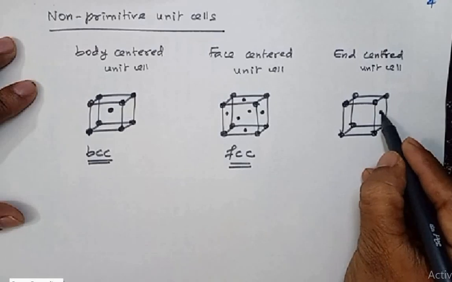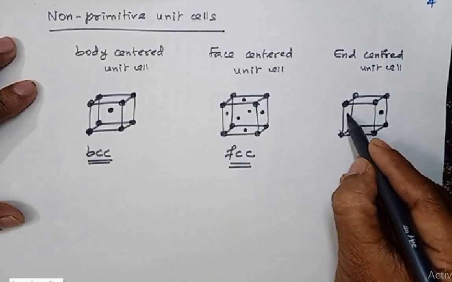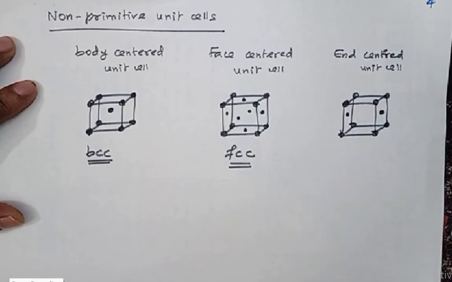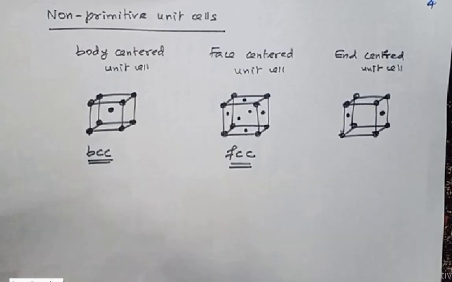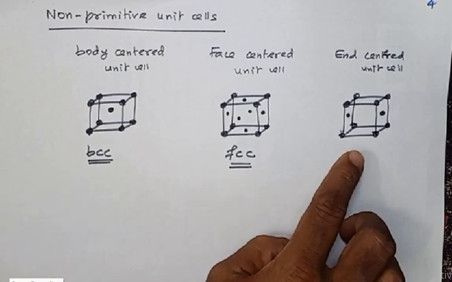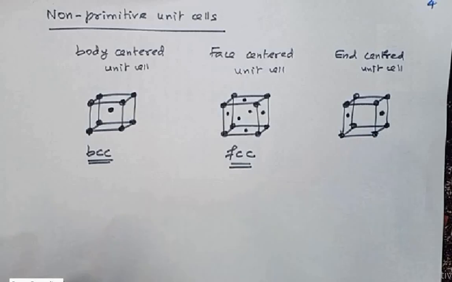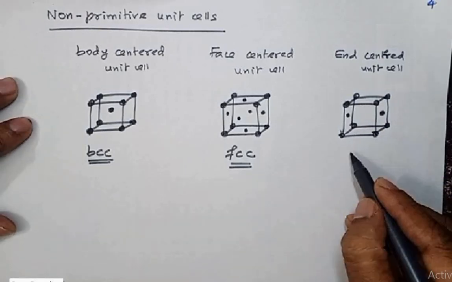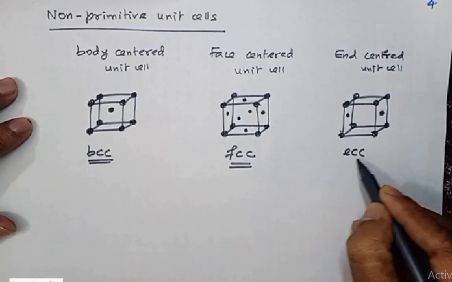Suppose I place one atom in this face, the other atom is present in the opposite face. Other face centers are empty. You take any two opposite faces and place one atom in each face at the center. Then it is called an end-centered unit cell. If you take a cube, then it is called an end-centered cubic unit cell, ECC.